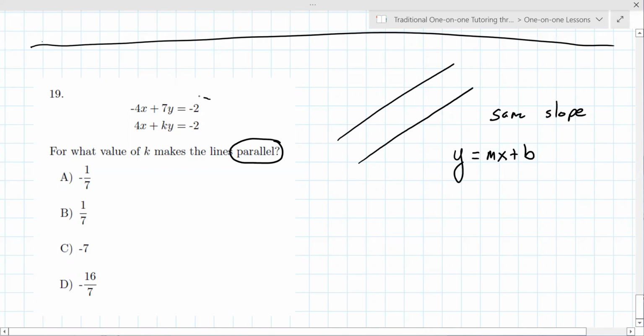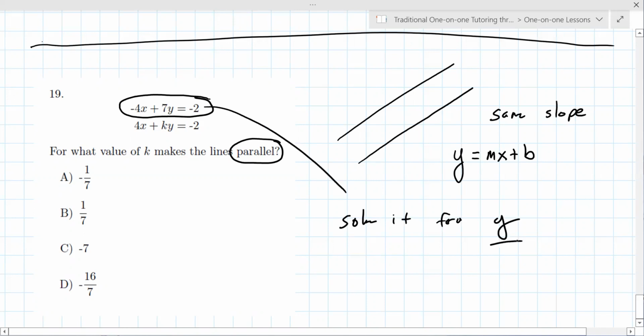Okay. So I'd like you to just give this a try here. I know you haven't done this in a while, but I want you to solve that first equation for y. Get y by itself, please.